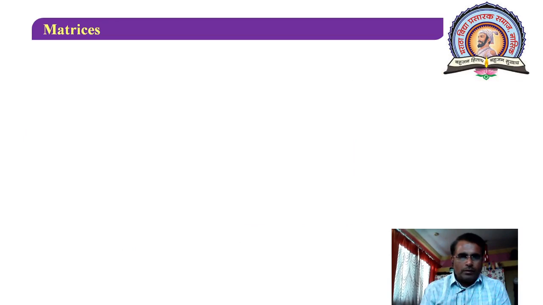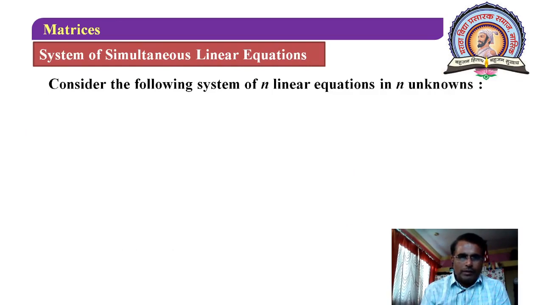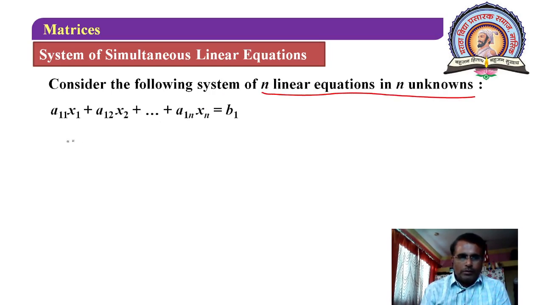Consider a general system of simultaneous linear equations, a system of n equations in n unknowns. The general system is written like this: a11 x1 plus a12 x2 up to a1n xn is equal to b1.